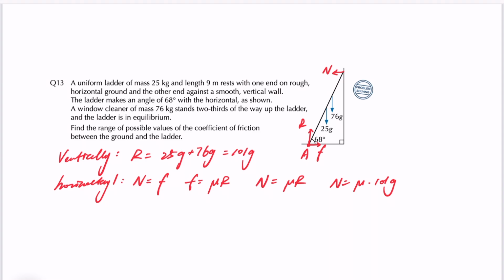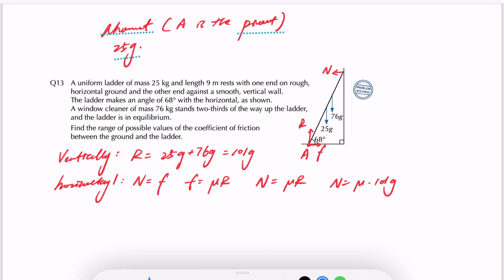I'm going to write it on the very top. Moment. We are still going to use A as the pivot. The clockwise moment is 25G and 76G. 25G times, we need to figure out the perpendicular distance in this case. I'll show you guys how we are going to do that. This is the perpendicular distance.